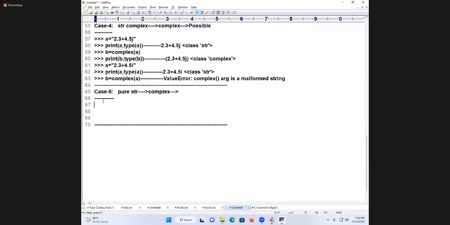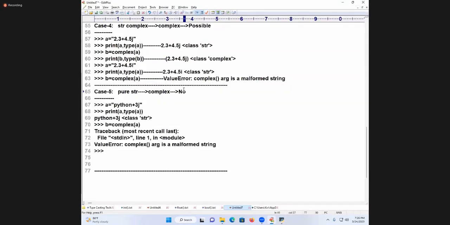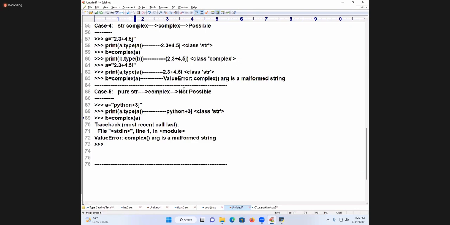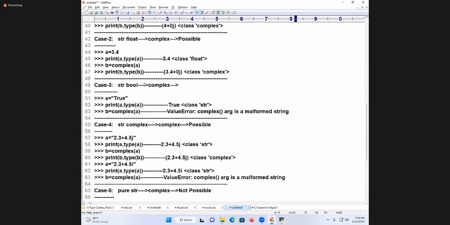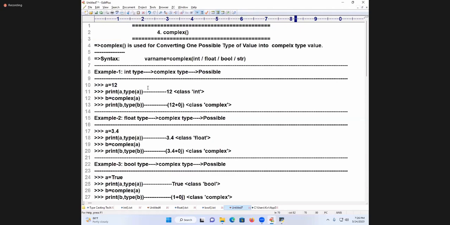Value error. So not possible. Print of this A. Done. Complex of this value. Error. Getting my points? Yes. This is about which conversion? Complex conversion.